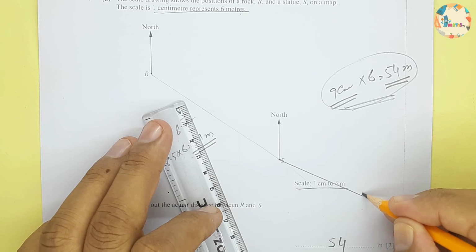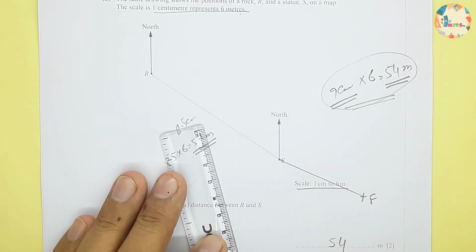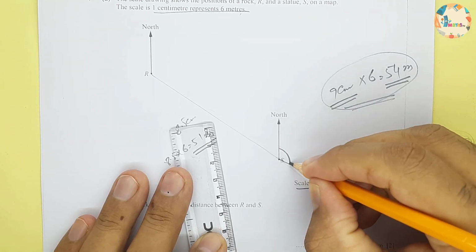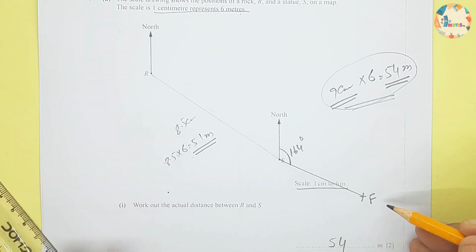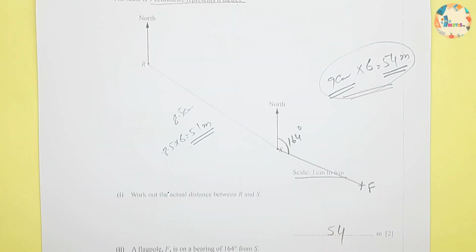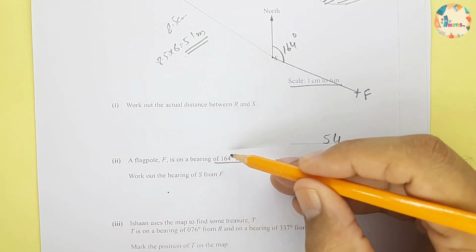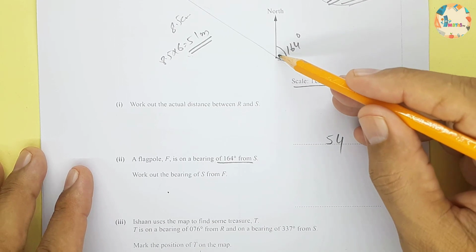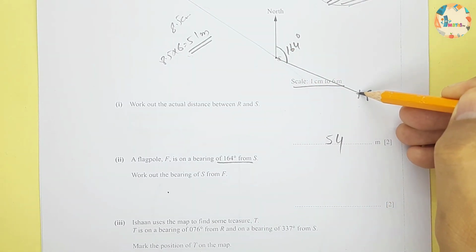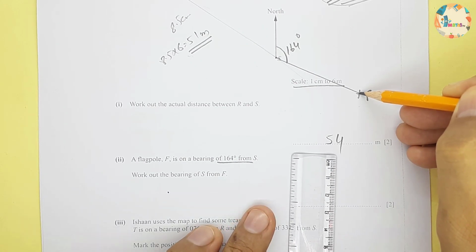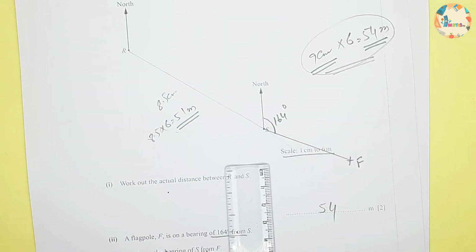So this is like the flag F, and this angle is 164 degrees. This is what information provided in the question. They are saying a flagpole which is F is on a bearing of 164 from S. Now they are saying work out the bearing of S from F. So S from F we have to calculate.